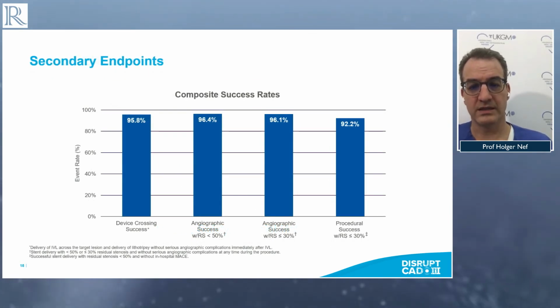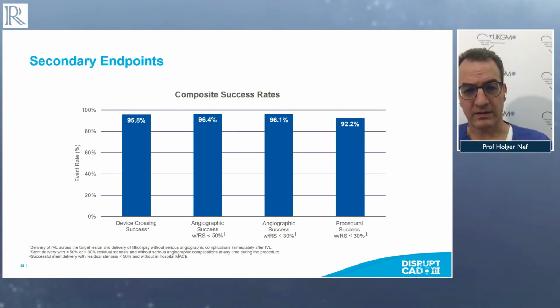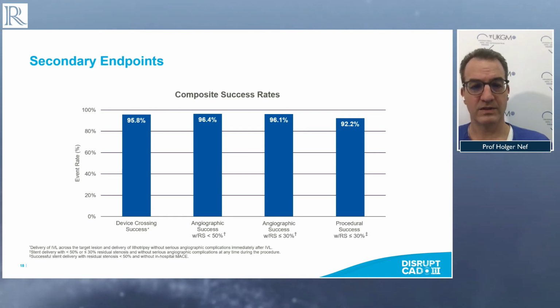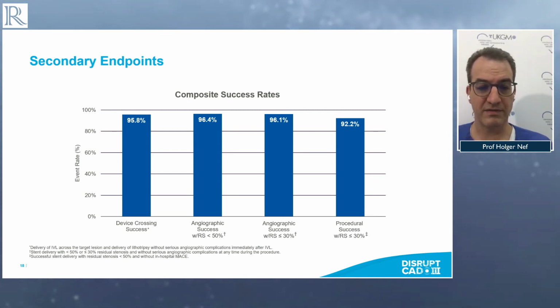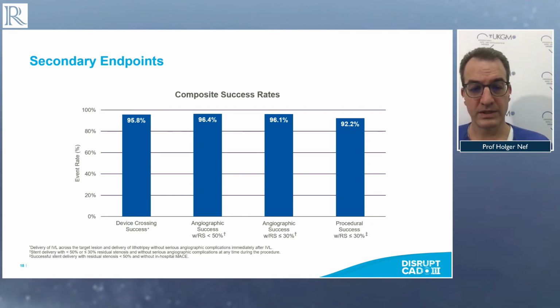Well, these are the secondary endpoints of the device success rates, and as you can see nicely, there was a high rate of device crossing success and angiographic success with a residual stenosis below 50%, and with a residual stenosis below 30%.